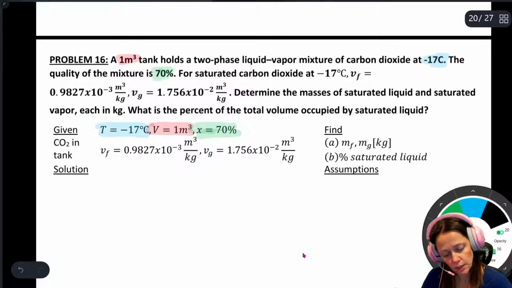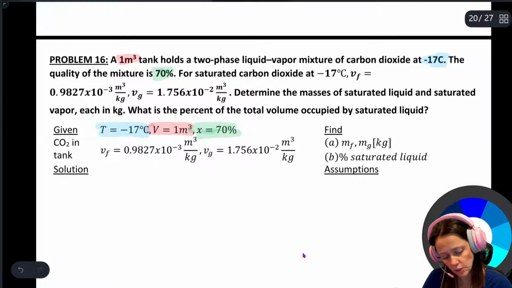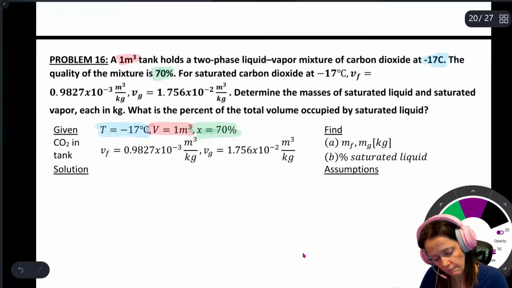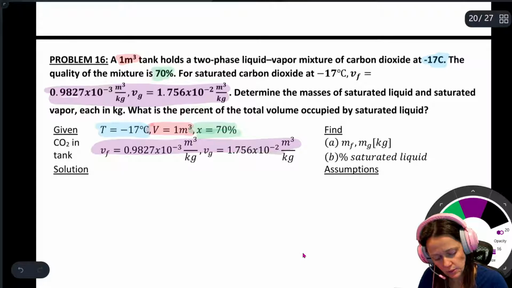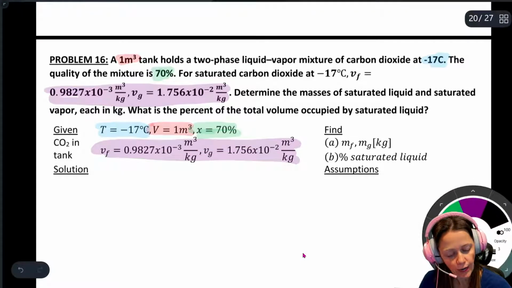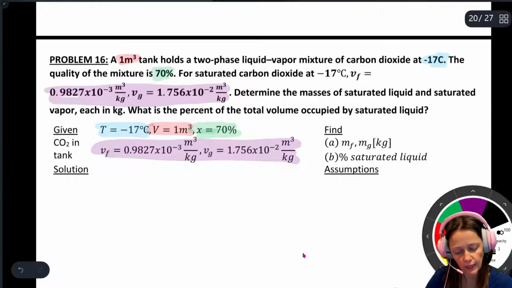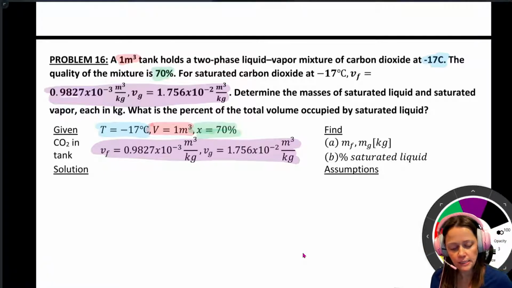For saturated carbon dioxide at negative 17 degrees Celsius, they do give us the V sub F and the V sub G values. So this is the stuff that you would be looking up in those tables anyway. Right, so I think that's kind of it. So what they're asking for us to give is they want the masses of the saturated liquid and saturated vapor in kilograms.